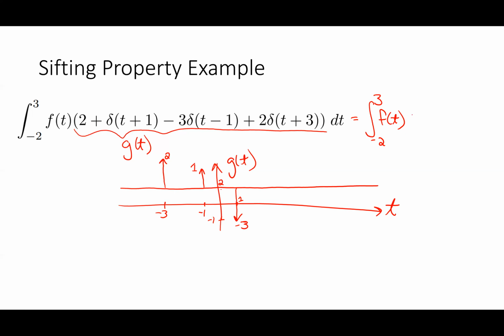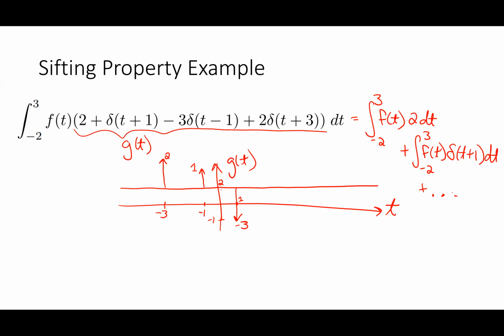Couldn't I say that this is the integral of f of t times 2 dt, plus the integral from -2 to 3 of f of t times delta of t plus 1 dt. And then basically do that for all of the other ones, right?